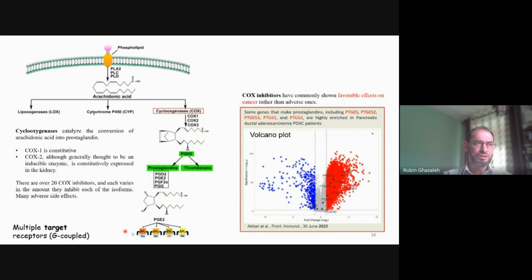And some of the targets for these. I told you these molecules are affecting so many aspects of our human physiology, from childbirth to induction of labor.